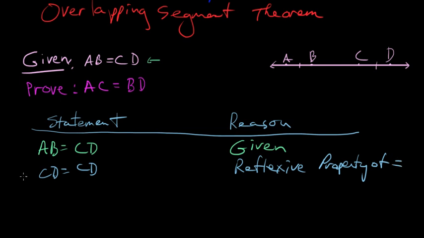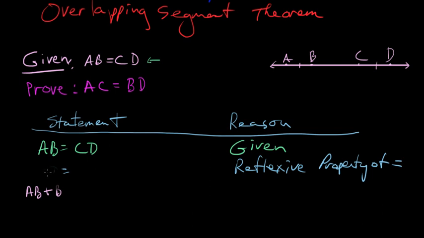And now I'm going to say AB plus BC, excuse me, AB, oh dear, I'm sorry, I made a mistake here. It's not CD, let me erase that. Sometimes those things happen, folks.